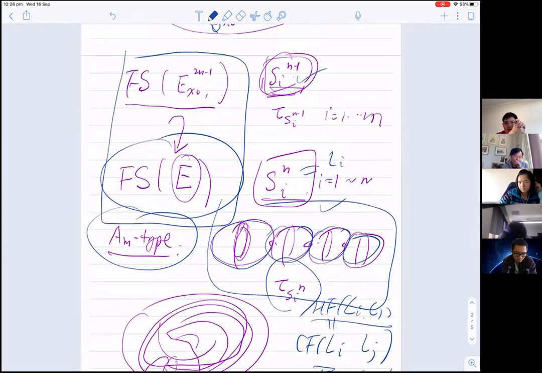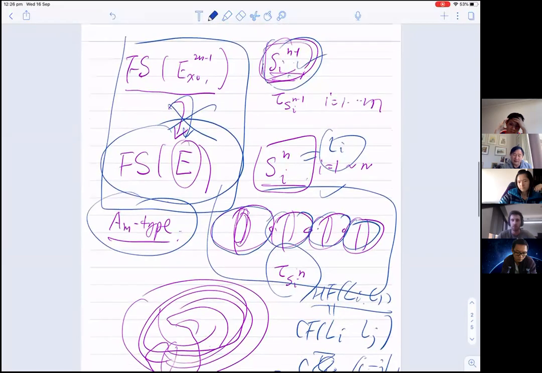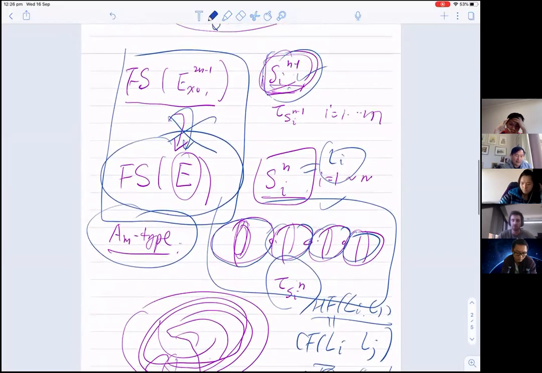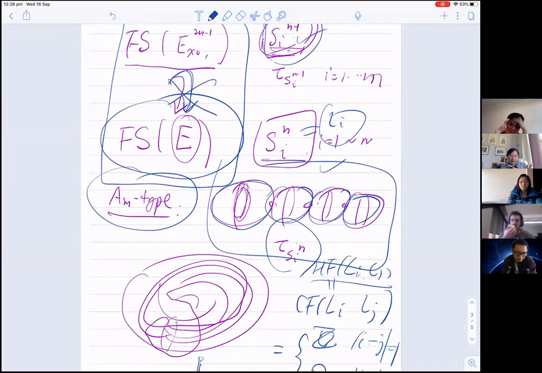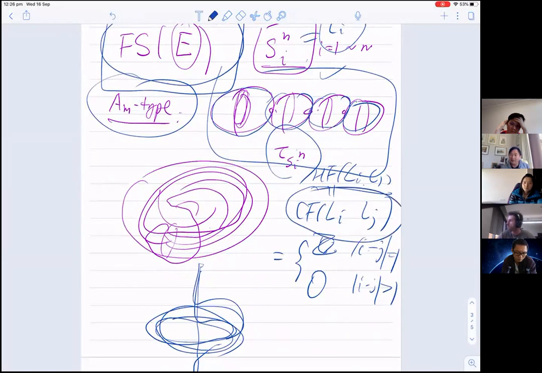Oh, okay. This is on the category. We send the object to the object. Maybe not true. I'm not sure, because it depends on what embedding you want. The functor should send morphism to morphism. Morphisms are the chain complexes.